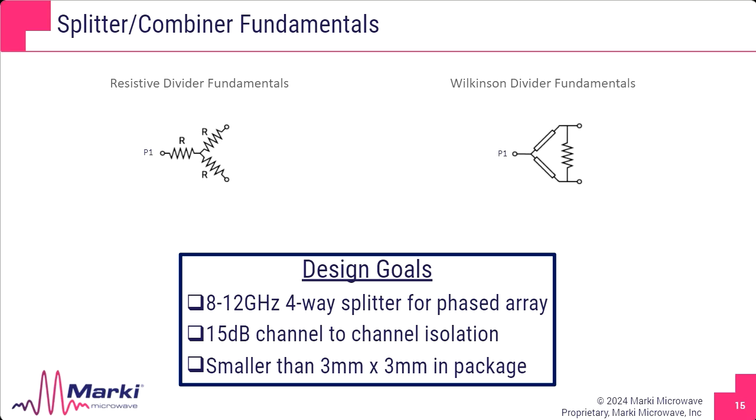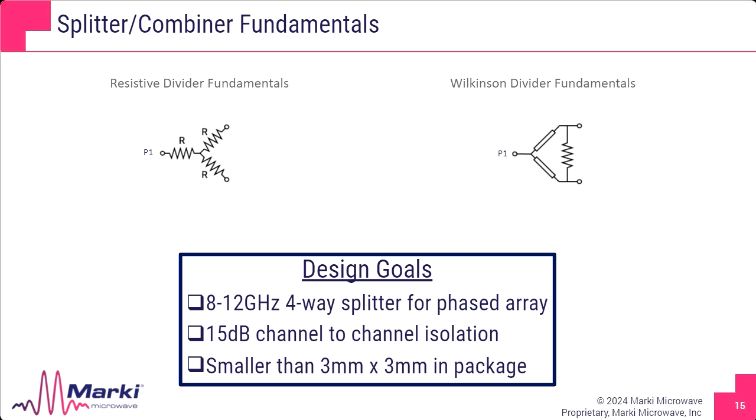The package size for components like this in a phased array system is heavily influenced by the frequency of operation. Typically, antenna elements are spaced about a half a wavelength apart at the highest frequency of operation. So this determines how small components between those elements need to be.